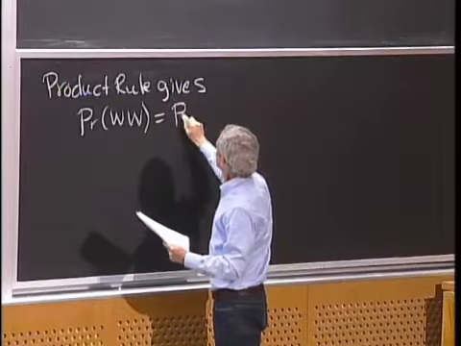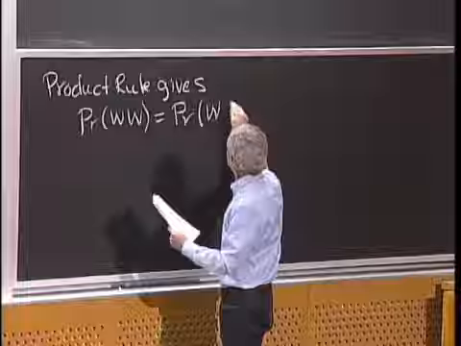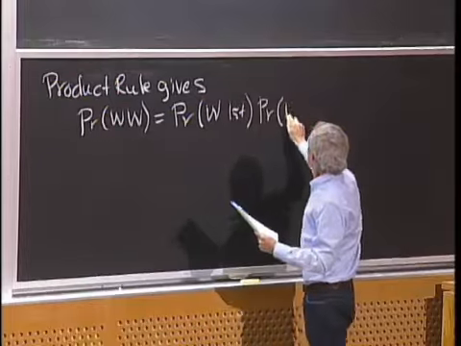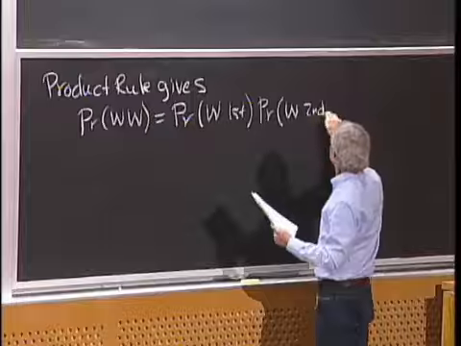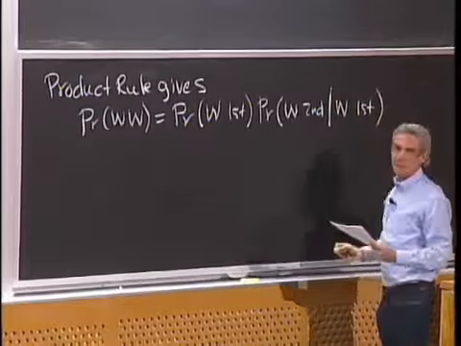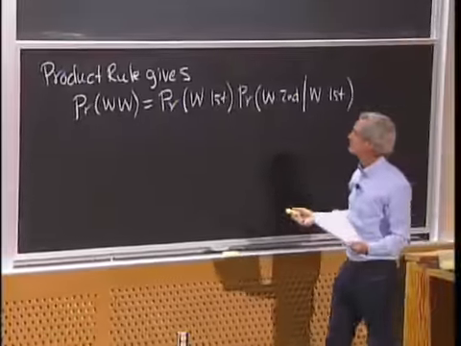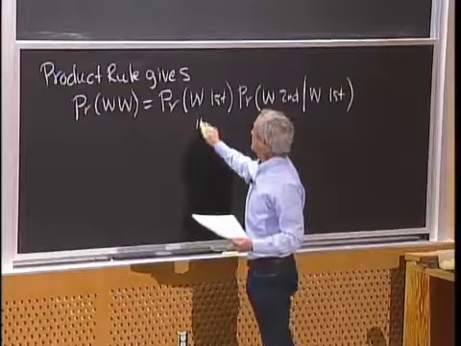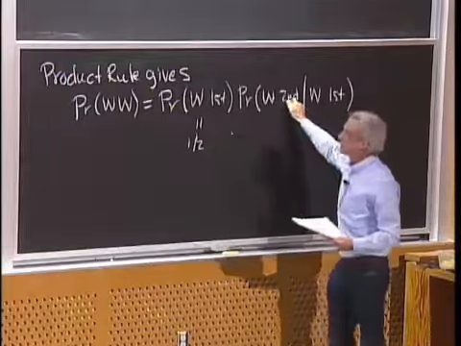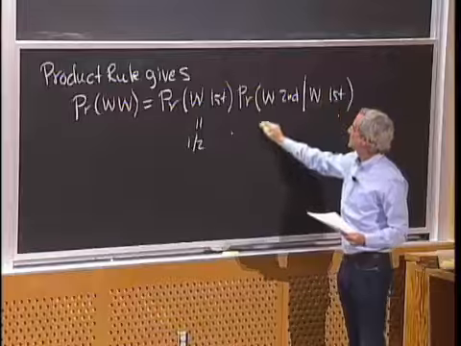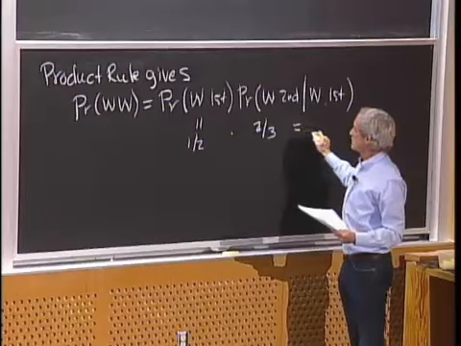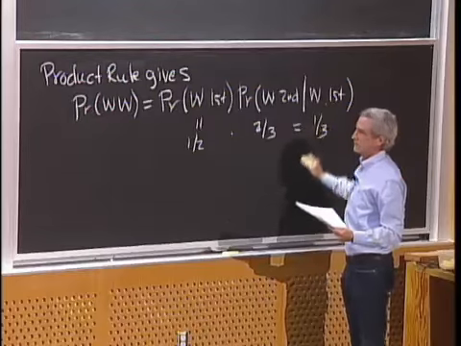By the product rule, it's the probability that I win the first game times the probability that I win the second game given that I won the first game. That's what the product rule says. The probability I win the first game is 1/2 times the probability I win the second given that I won the first is 2/3. So that equals 1/3.